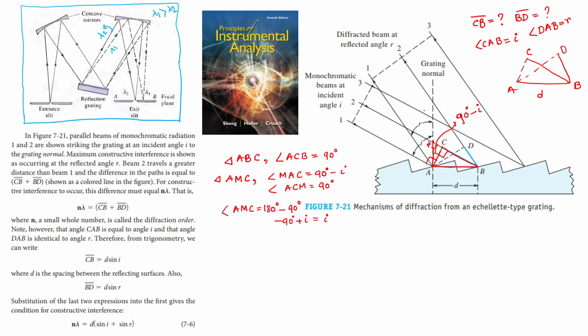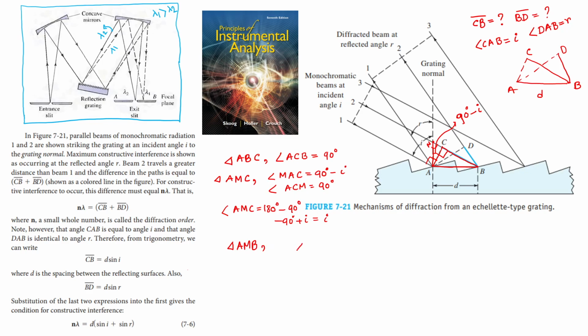So your angle is also I. Now I'll erase this part and keep this part. This I can't remove, so I'll write it here. This angle is I. Now consider another triangle, AMB.